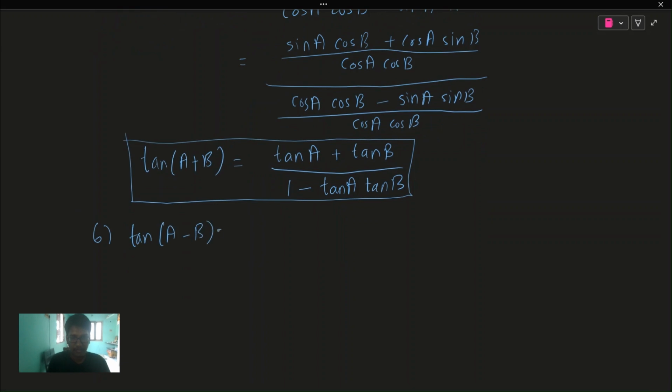Tan of A minus B is equal to tan A minus tan B divided by 1 plus tan A tan B. Okay.